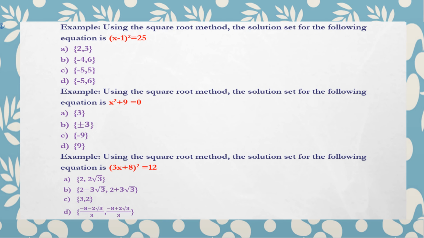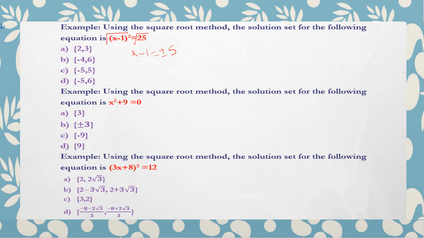Another example, find the solution set for the following equation. x minus 1 squared equals 25. Again, by taking the square root for both sides, we get x minus 1 equals plus or minus 5.